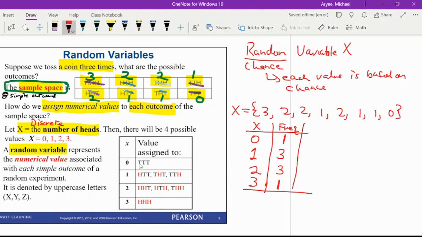Now, suppose you're in the lottery business. If you want to run this as a business, you're going to give more prizes to the things that are harder to get. When you toss a coin three times, it's very difficult to get no heads, or to get all three heads.